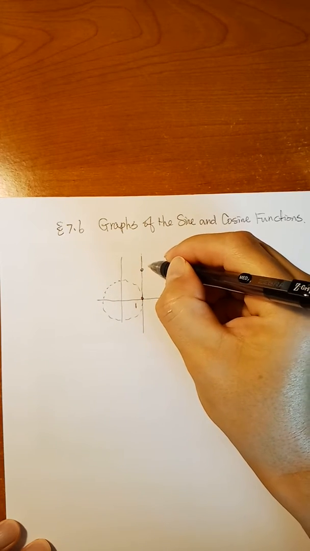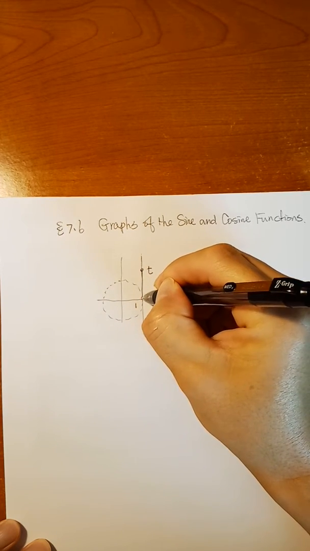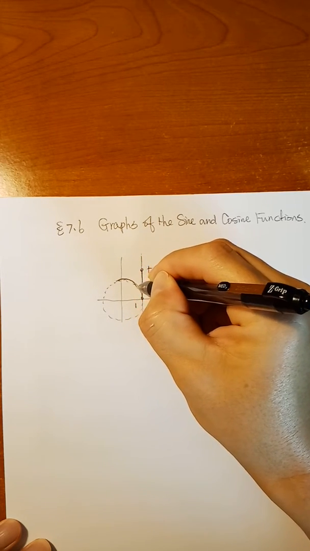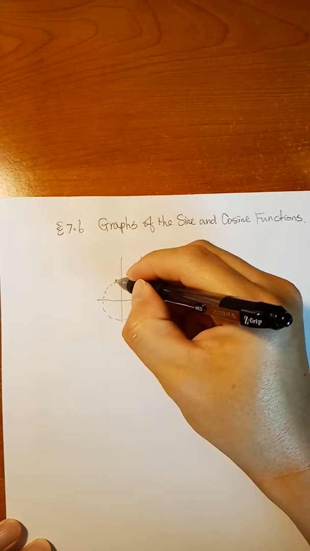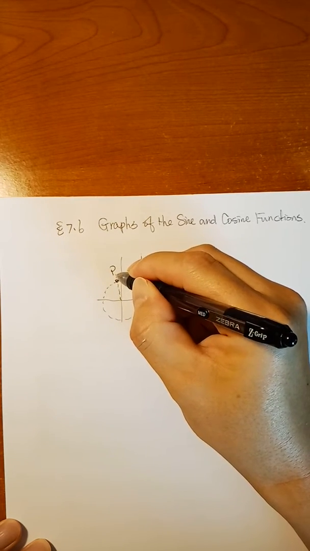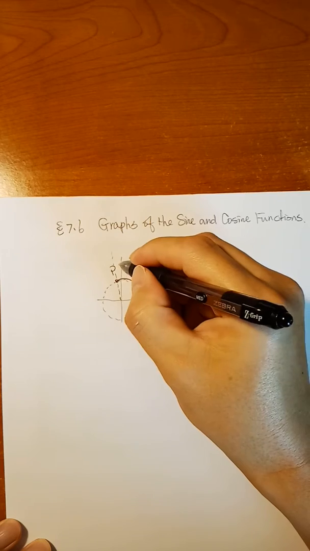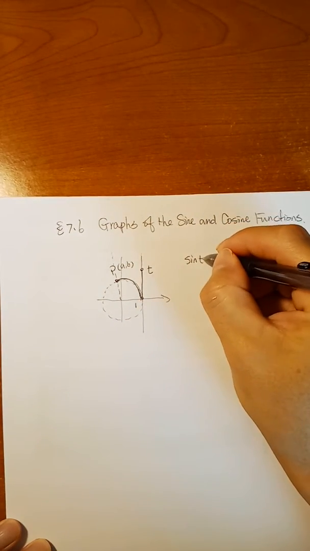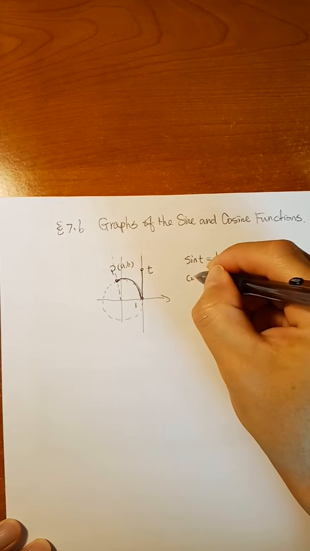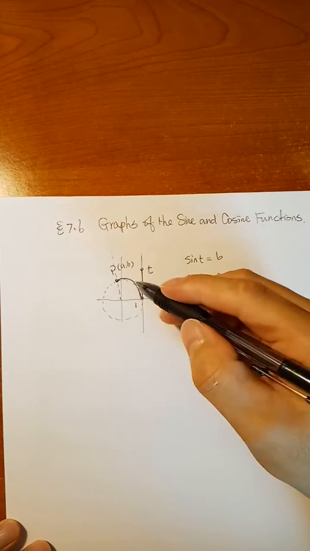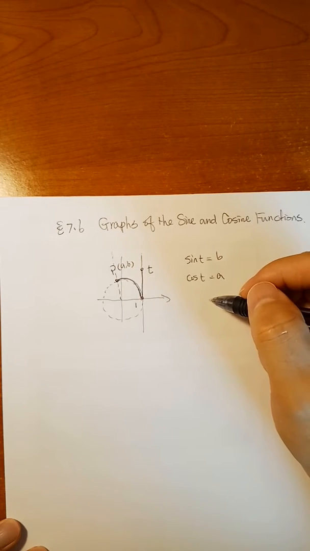Whenever you have a t, this length is t, you wrap it around the unit circle, and you get the corresponding point P. The P has coordinates A and B, then sine t is B, cosine t is A, and from A and B you can get the other 4 trigonometric functions.